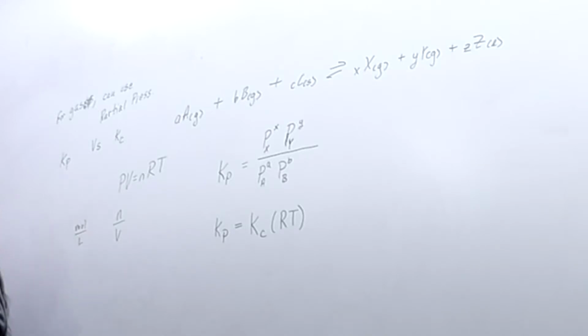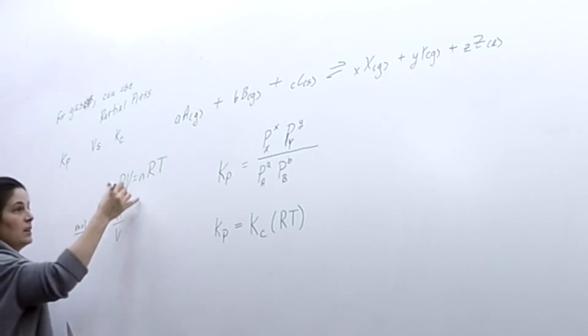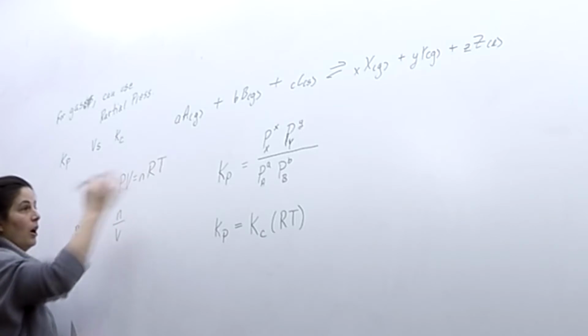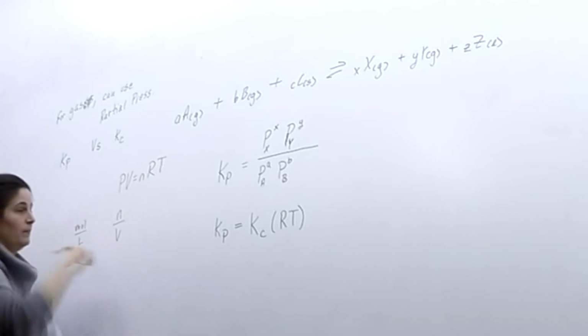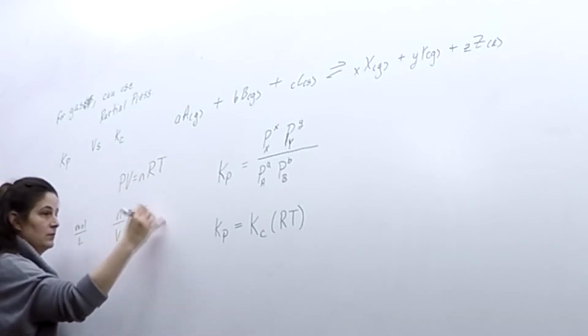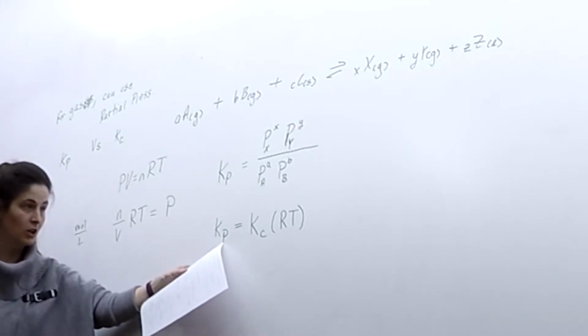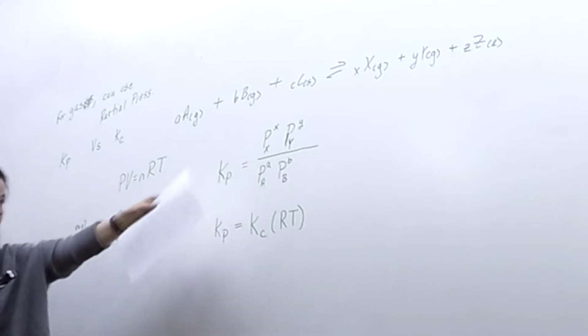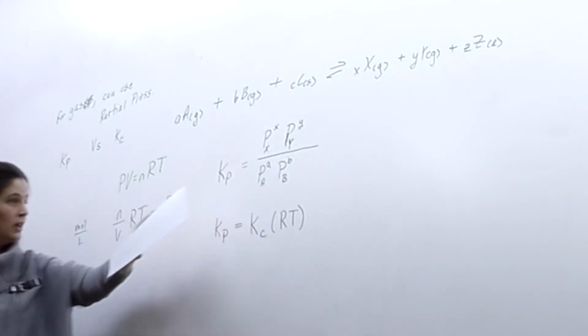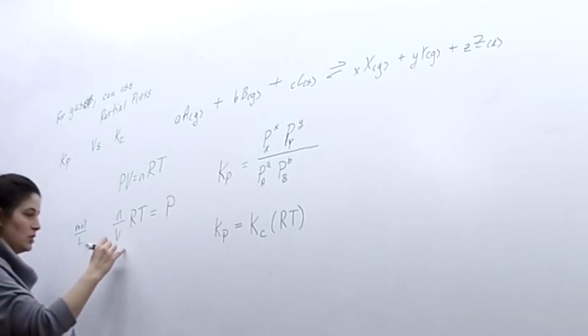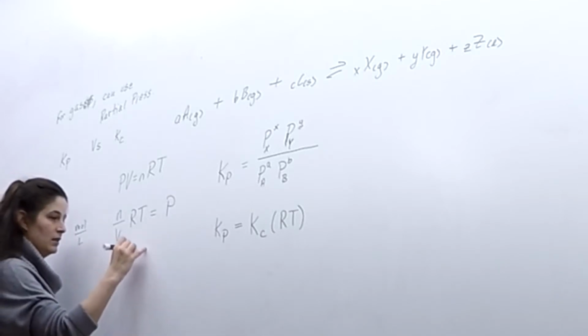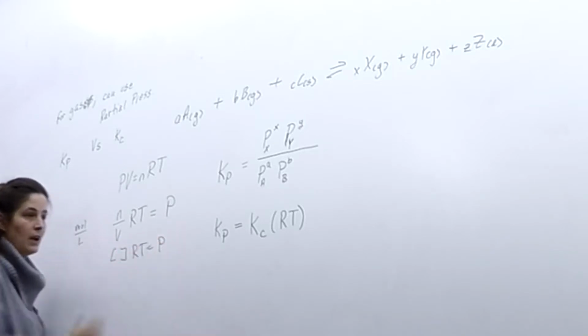That's concentration, right? So if we solve for n over V here and here, we are going to find that equation. So the partial pressure is going to be equal to the concentration, that's what this is, times RT.